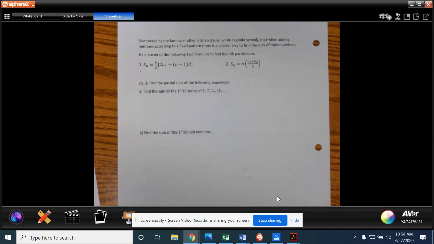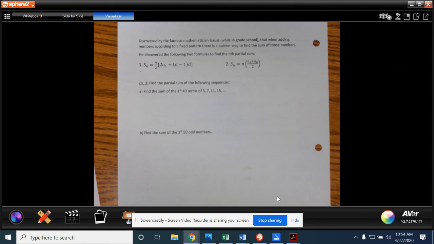He found while he was in elementary school that when adding numbers according to a fixed pattern, there's a quicker way to find the sum of those numbers. Sometimes we need to find the whole total, and no one wants to go through and add up each number if you have 100 and something in total. So he discovered two formulas to find what is called the nth partial sum.